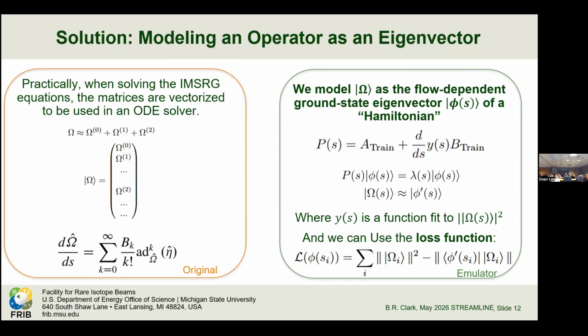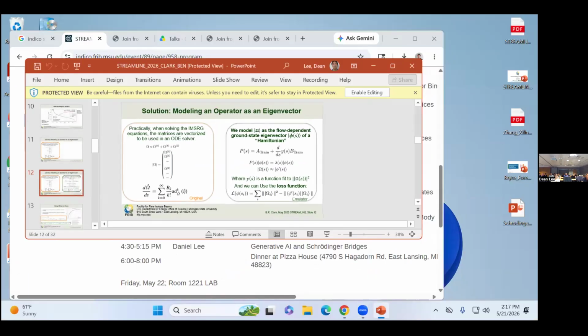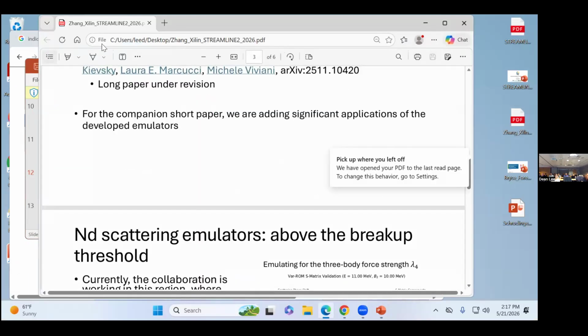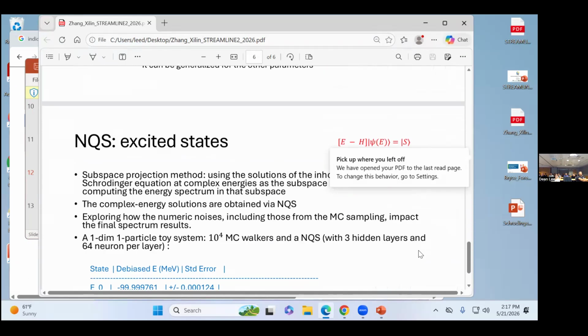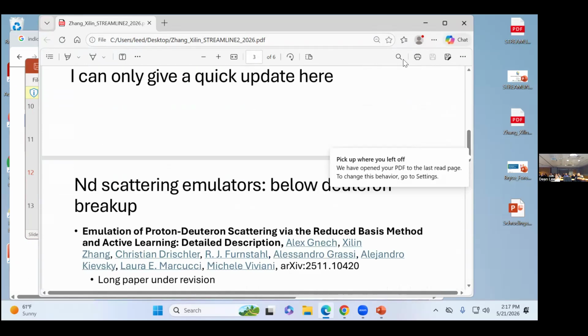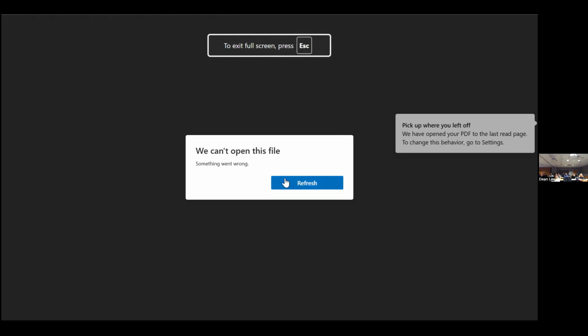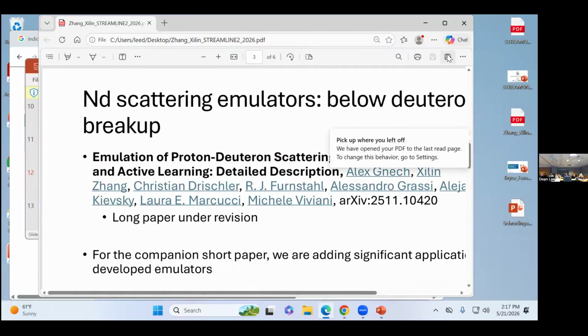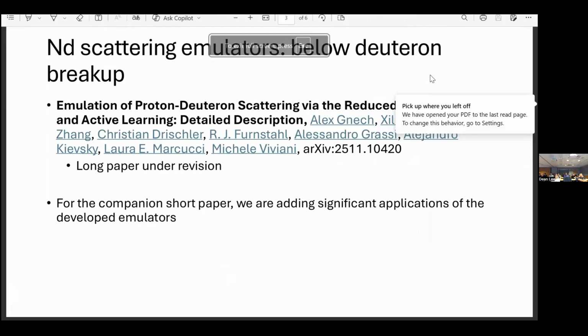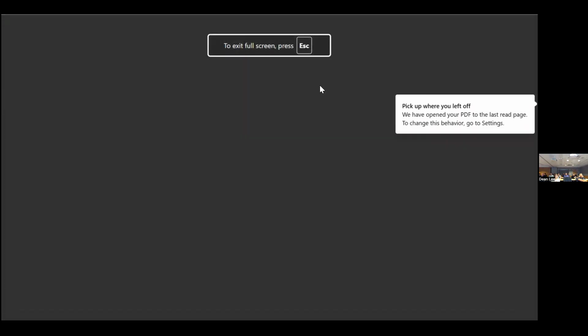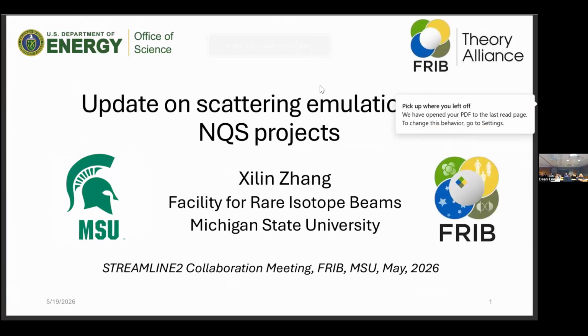The topic is update on continuum emulators and neural quantum states. Let me raise this screen. Since the previous talk was faster than expected, and Dick says he's not going to use 30 minutes, we suggest that we'll move Bryce after Dick, and then we will finish a bit earlier.